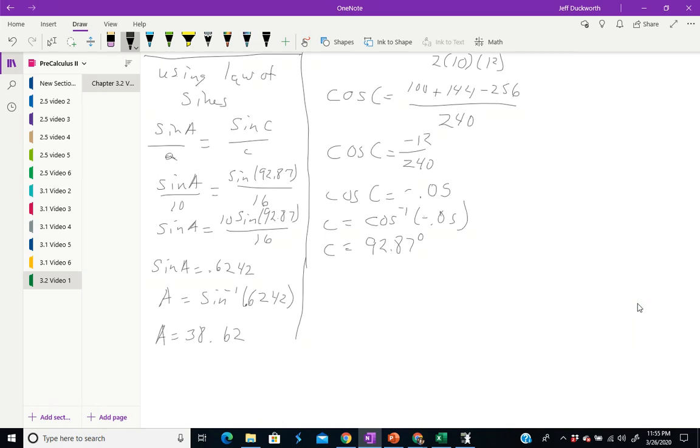So we've solved for two of the three angles that were unknown. We could use the law of cosines or the law of sines to find the last one, but it's easier to just subtract these two from 180. So thus what we have here is B equals 180 degrees minus the sum of A and C, which is 38.62 plus 92.87.